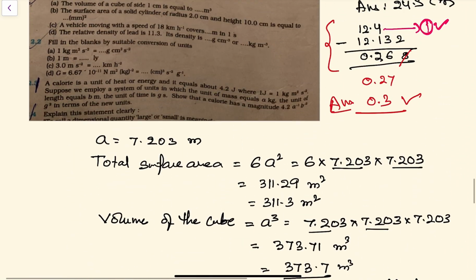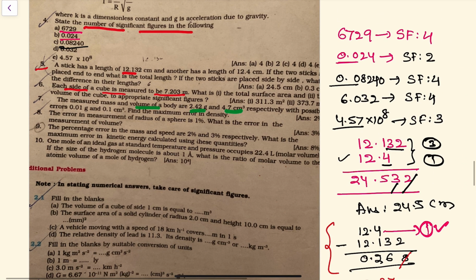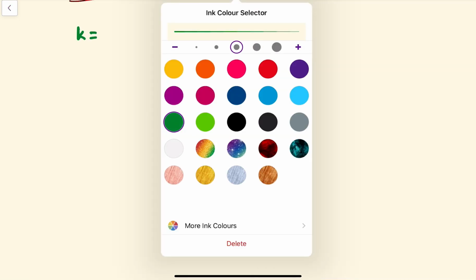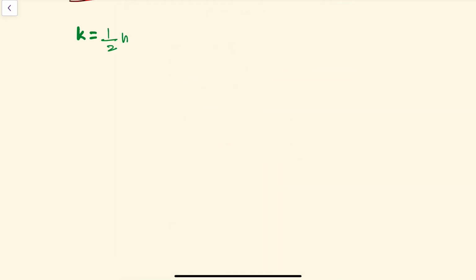Ninth problem. The percentage errors in mass and speed are 2% and 3%. What is the maximum error in the kinetic energy calculated using these quantities? Kinetic energy is equal to half m v square. Delta k by k is equal to delta m by m plus 2 into delta v by v.